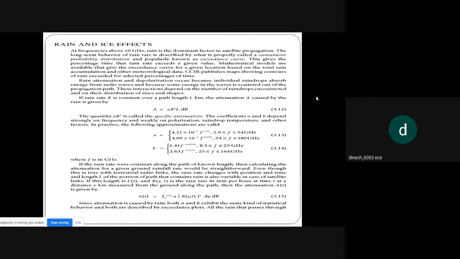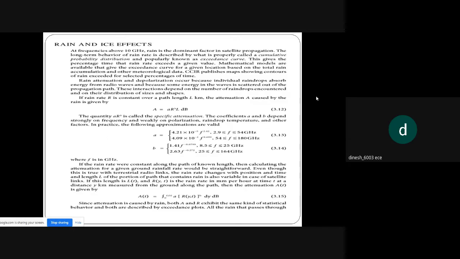The raindrop temperature and other factors. In practice, the AN value will depend on frequency and polarization, which can be obtained as A value as given in equation 3.1.3 for frequencies between 2.9 to 54 gigahertz.